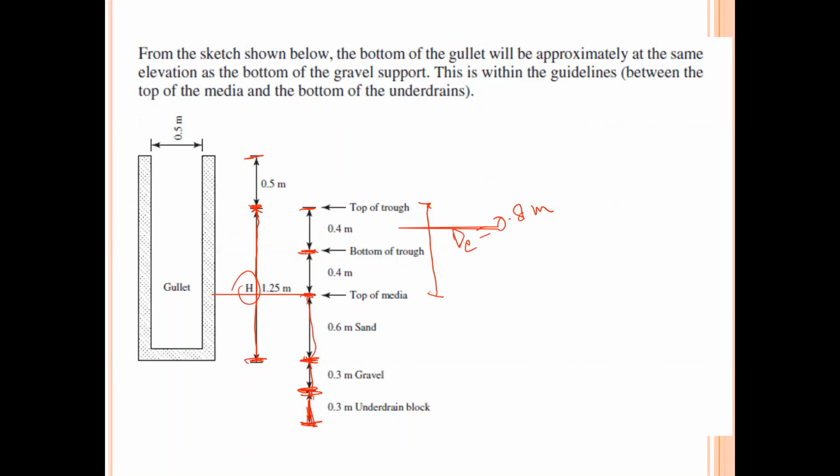So we will have underdrain block and gravel, then sand, then bottom of trough, and then top of the trough, and this is matching very well up to this level, and then we have a safety factor. So our assumption in selecting B was okay. If this edge comes somewhere here, or here, or here, then we have to change the value of B.